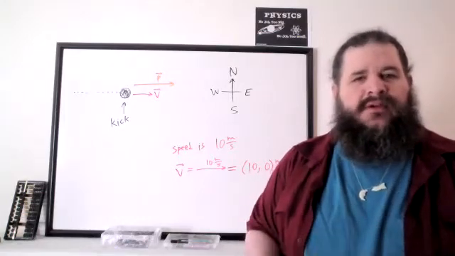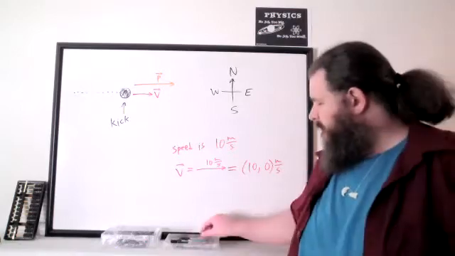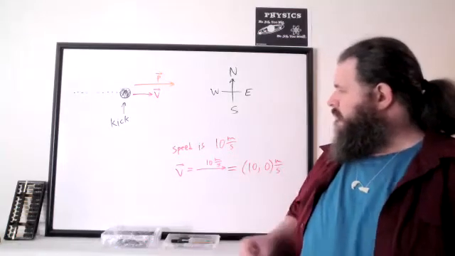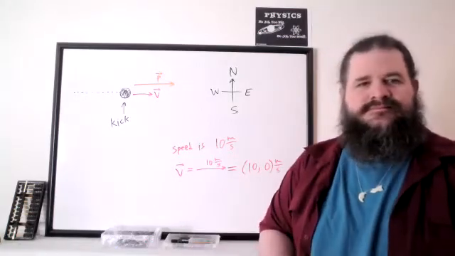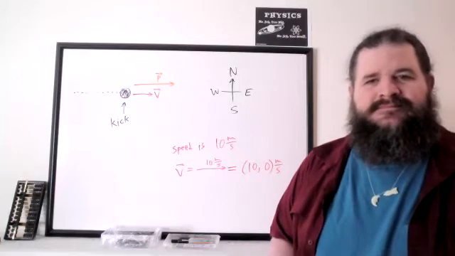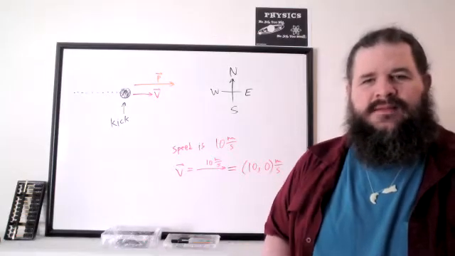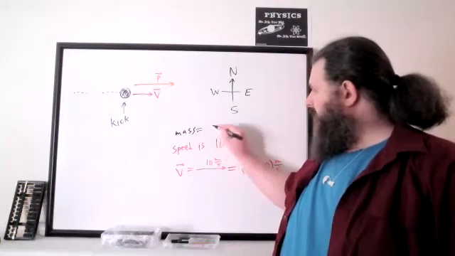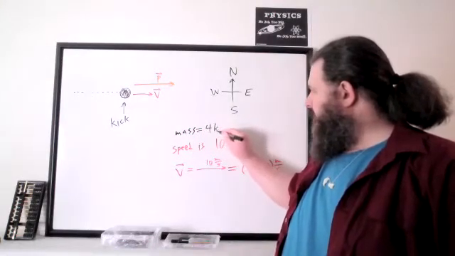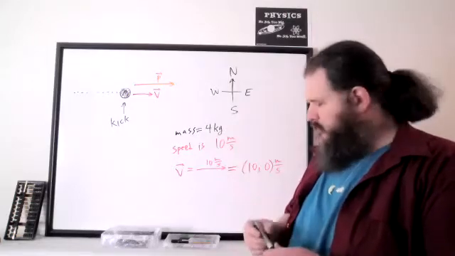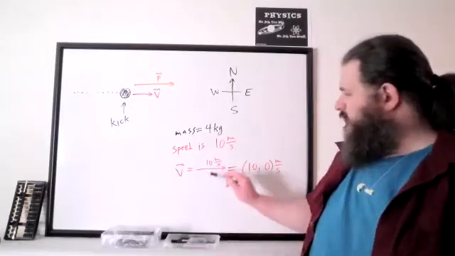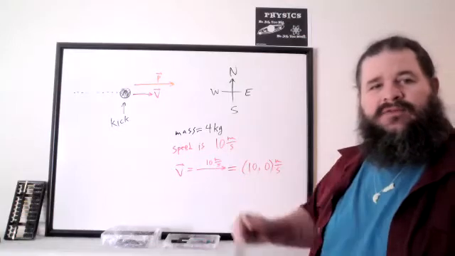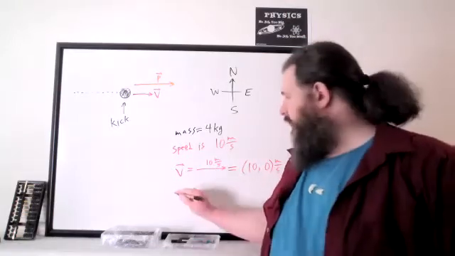And then for its momentum, how do you convert velocity into momentum? Yeah, multiplied by mass. So let's say the mass is known. Let's say the mass is 4 kilograms. Then the momentum would just be 10 meters per second times 4 kilograms, including direction.